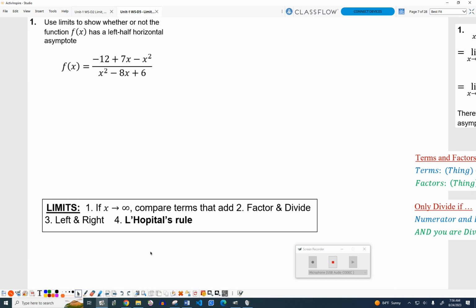That's my invention, because I felt like students were getting a little confused. In this class, you will encounter AP problems where a given function will have a certain horizontal asymptote on the right half of the xy plane, but a different horizontal asymptote on the left half of the xy plane. And they don't distinguish. They just ask if there's an asymptote.